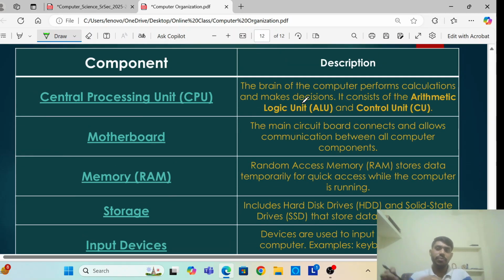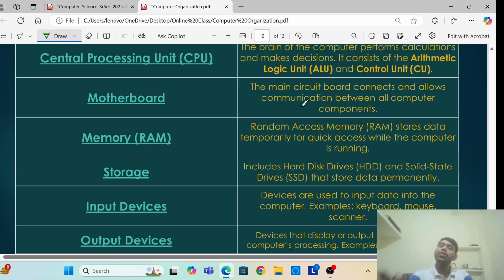The central processing unit is the brain of the computer; it performs calculations and makes decisions. It consists of the arithmetic logic unit and the control unit; ALU and CU make the CPU. The motherboard is the main circuit board that connects and allows communication between all computer components. It is the board inside the computer where all the circuits are connected.